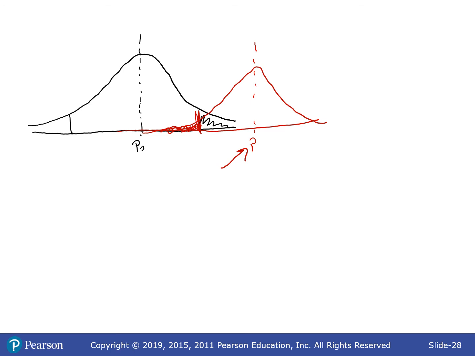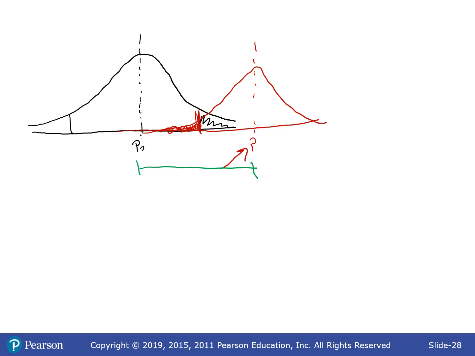Remember, when we find the type 2 error, we assume the null hypothesis is false, which means that this alternative hypothesis is true. This distance in between them is that effect size. So the p naught could be 20%, the p could be 25%, so that would be a 5% difference there.